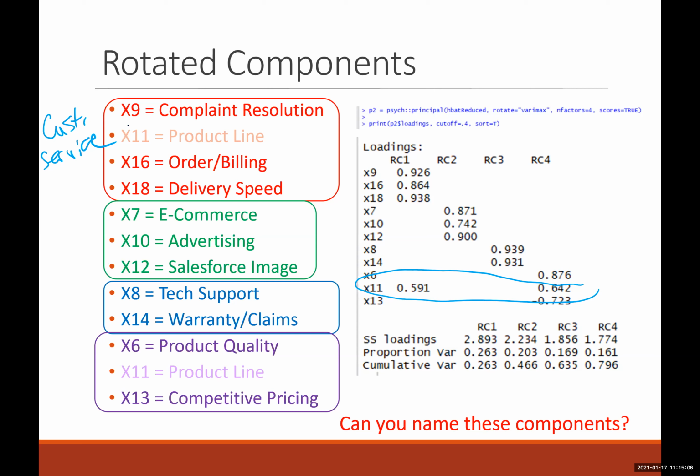But product line doesn't really fit into customer service, which makes sense if we increase this cutoff value to 0.6. As we go down and look at component 4 here, if we include product line, product quality, and competitive pricing, it's like the 4 Ps, or in this case the 3 Ps.